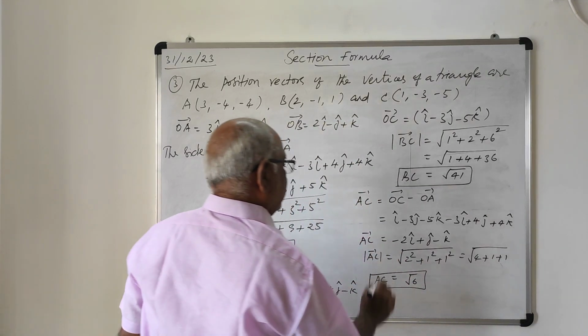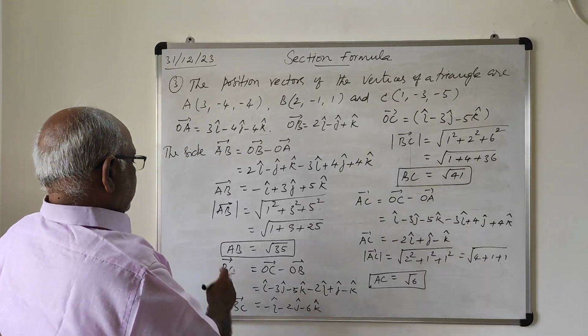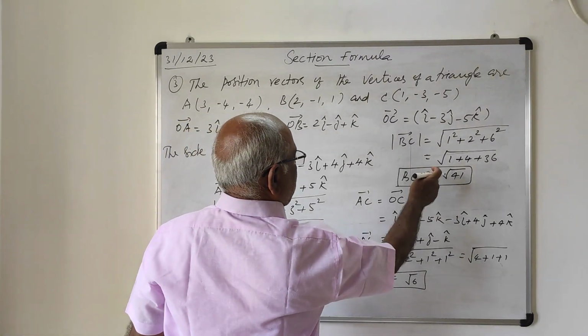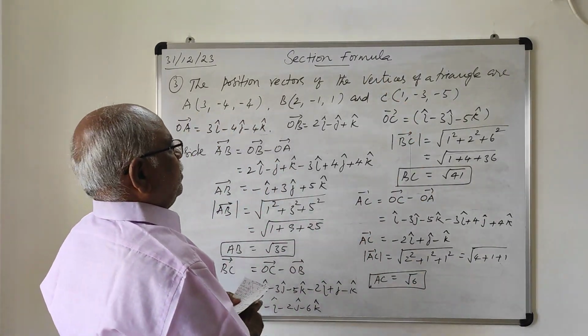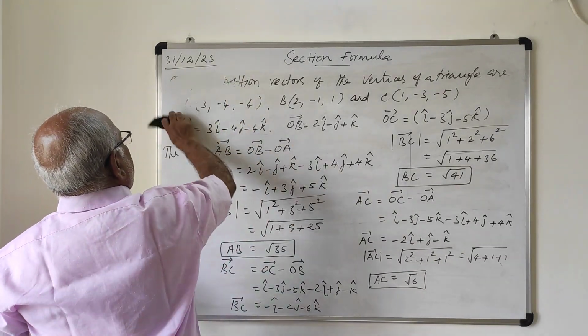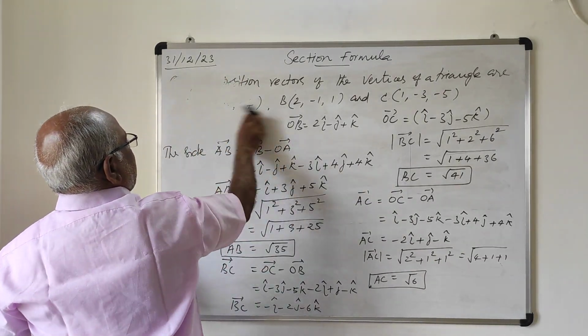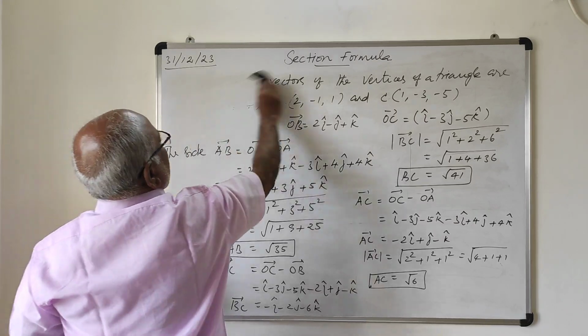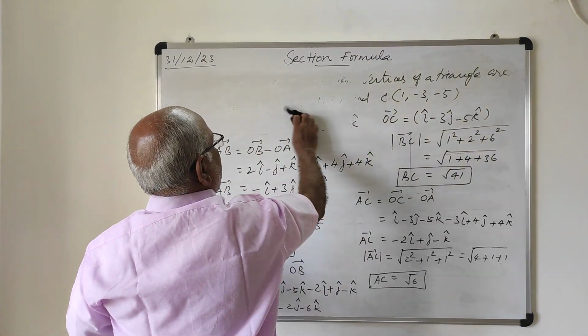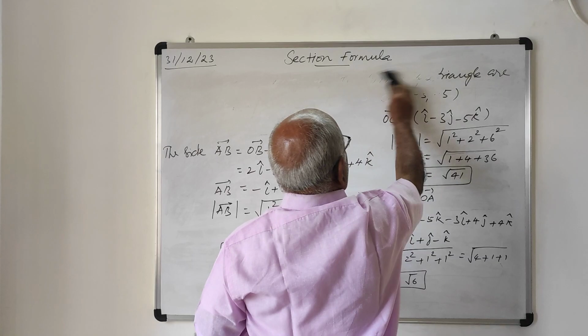So after finding the three sides, AB square plus AC square equals BC square. That's our Pythagoras theorem. Thereby it represents the right angle triangle, because the sum of the squares of the adjacent sides equals the square of the hypotenuse.